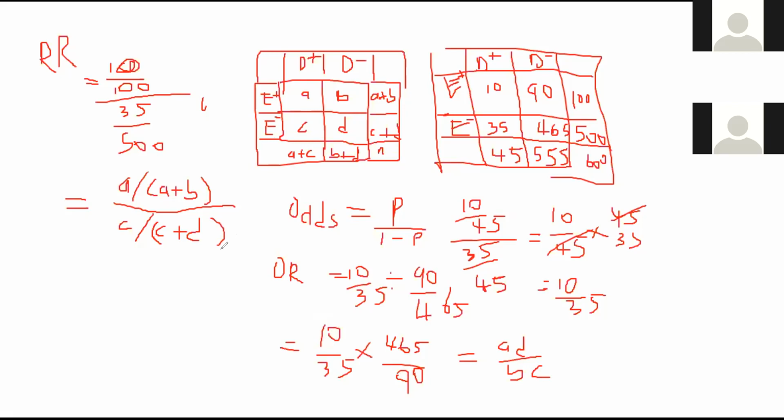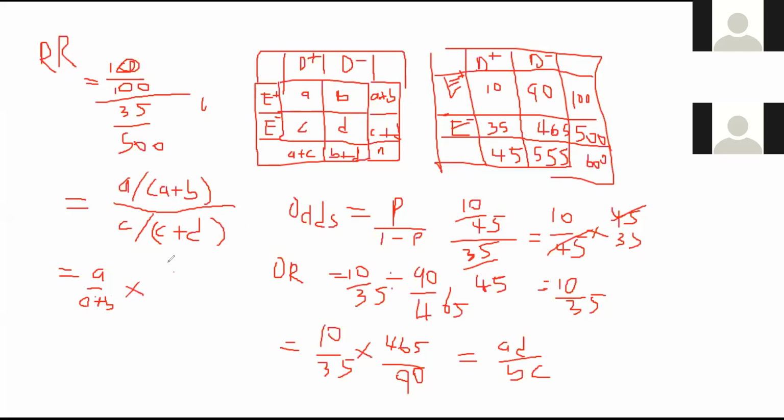Look at this formula also. Before I change to that slide, I want you to see this formula for relative risk. You see A into bracket A plus B over C into C plus D. You can still change the subject. If you change this division to times, what will happen?